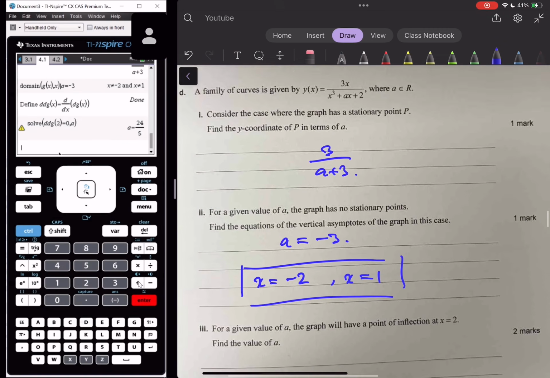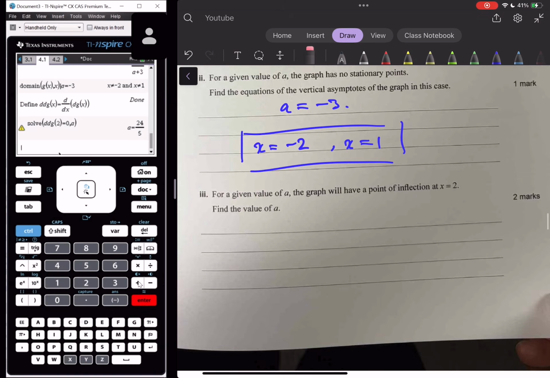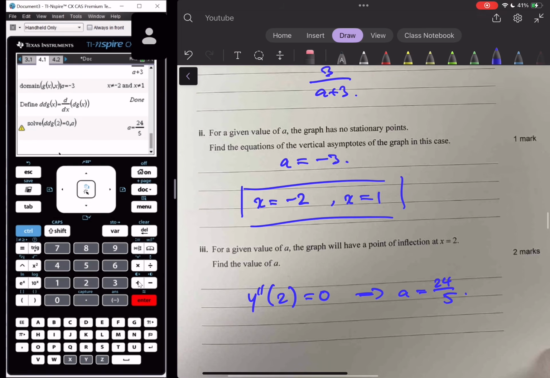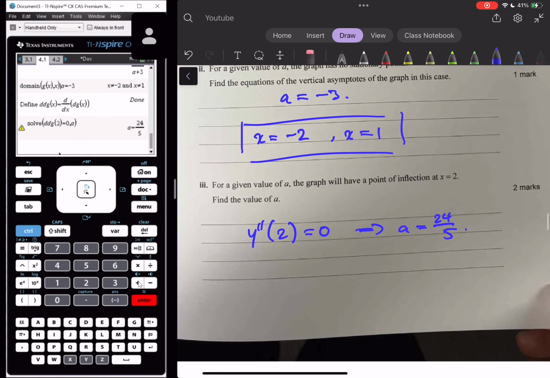So if we take y double prime of 2 to be equal to 0, then this tells us that a is equal to 24/5. It's 2 marks, maybe that's enough working out, I don't know, but yeah.